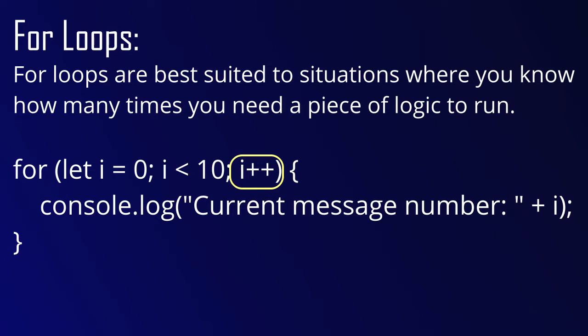It would be the same as stating I equals I plus 1 or I plus equals 1. In the same way, adding minus minus to the end of a number variable subtracts 1 from the current value of the variable. It would be the same as stating I equals I minus 1 or I minus equals 1.